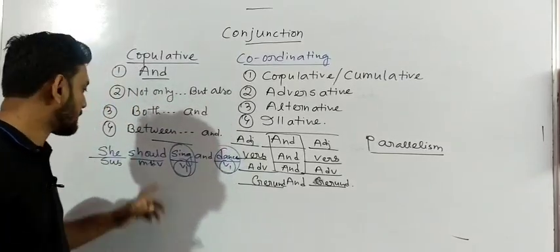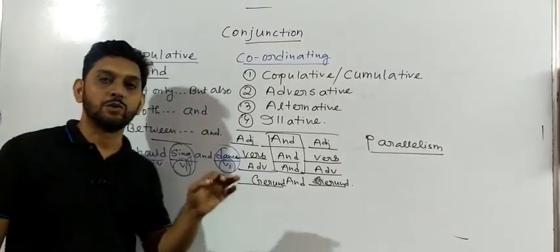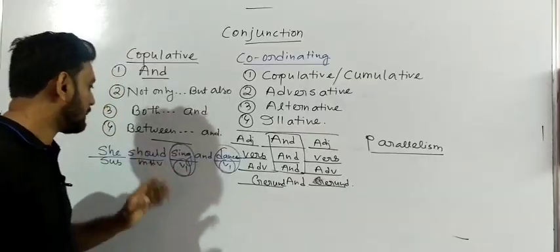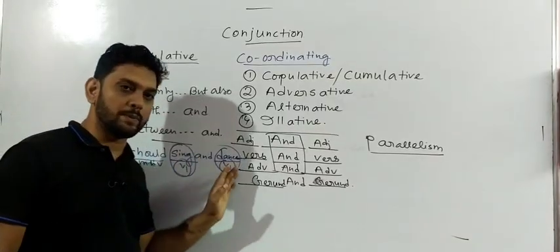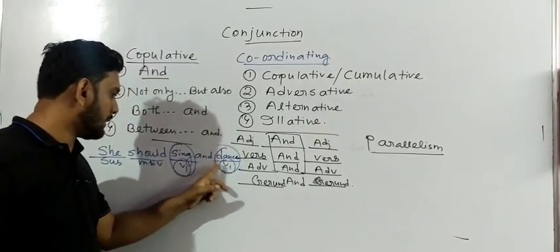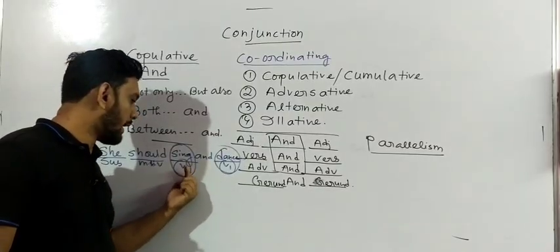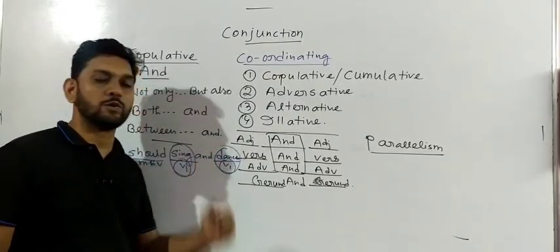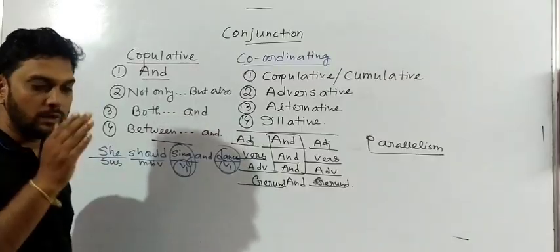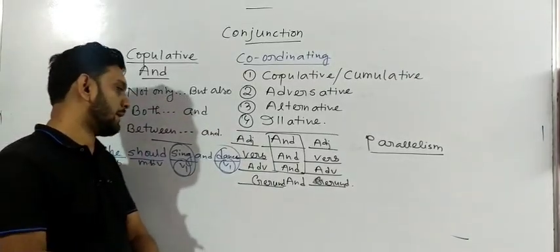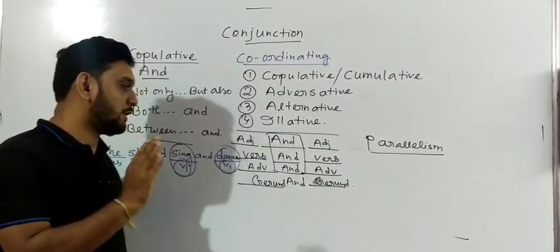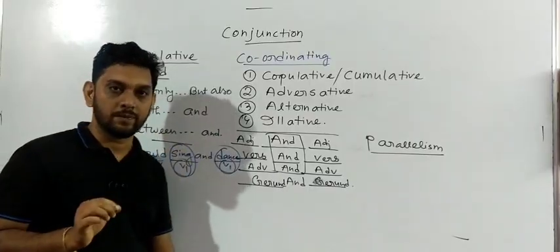We have also understood that after a modal helping verb, we need to use the first form of a verb. So here sing and dance are both verbs, and between both of these verbs we have used and, a conjunction. Before and we have used a verb, after and also we have used a verb. You have to understand this point, my friend. This should not go wrong.